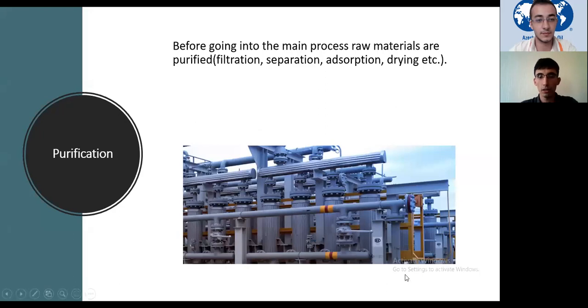And in every plant, you can see some towers, or you can call them columns like this. So these are the purification units. Before going into the main process, raw materials are purified using processes as simple as filters, a filtration process, or other types of separation using adsorption units.